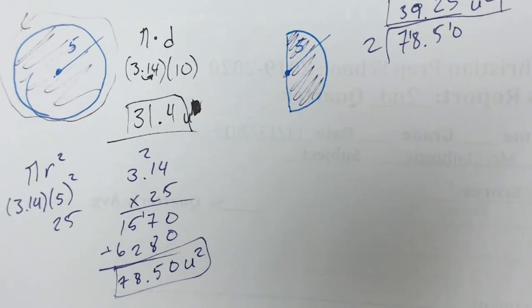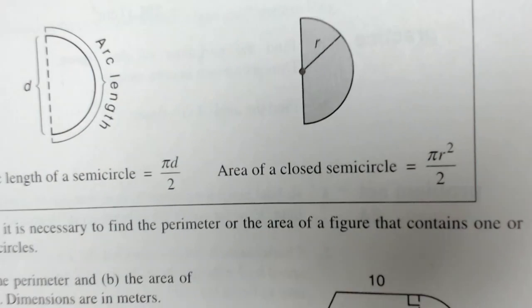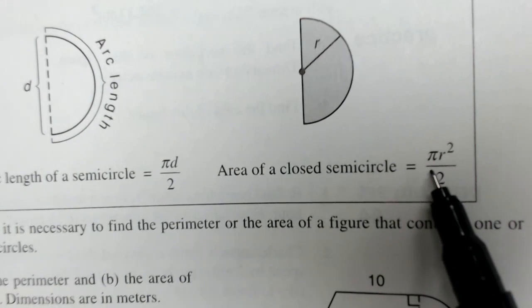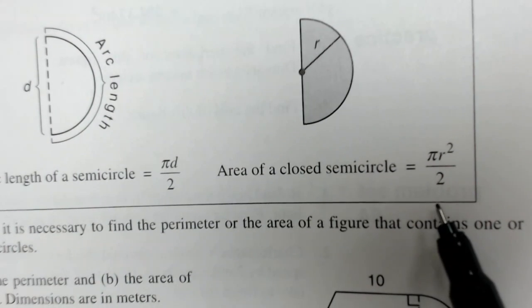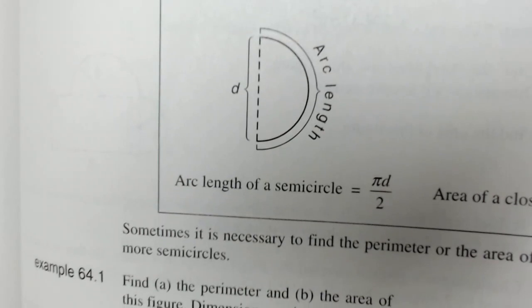So that's why if we look back at this formula, we can see the formula is just the formula for area, pi r squared divided by 2, because it's like the whole area cut in half. And then we'll see the same thing when we're looking for this formula of the arc length.